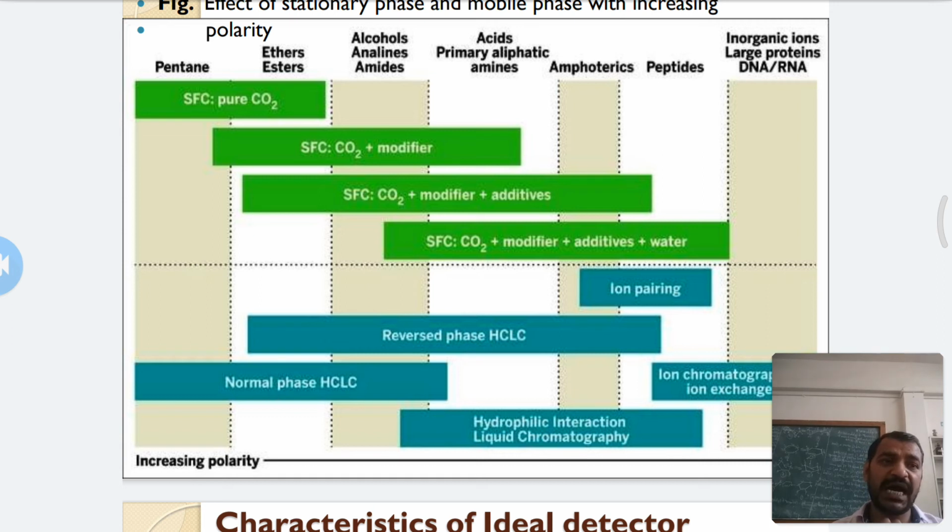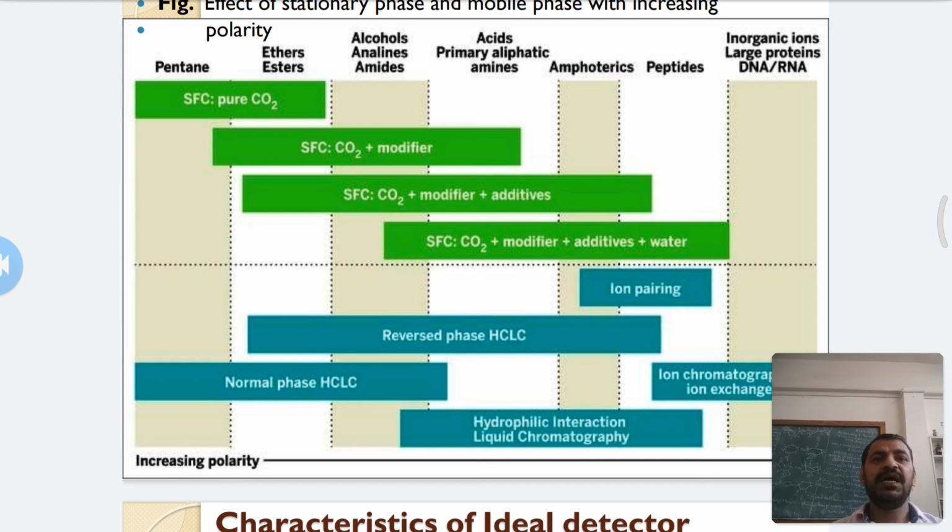These borderline analytes, inorganic ions, proteins, DNA, RNA, which are borderline in supercritical fluid chromatography, we separate by ion exchange chromatography in HPLC.